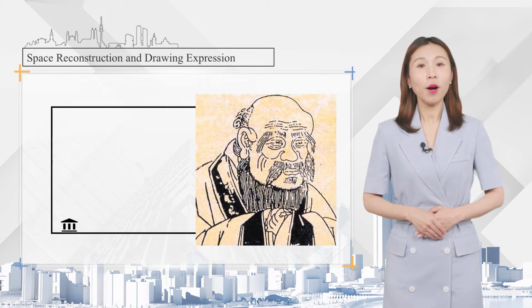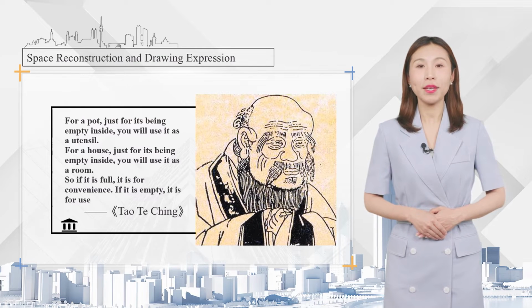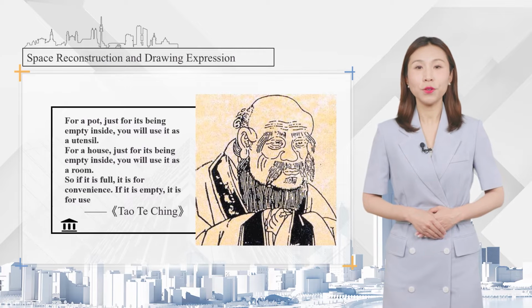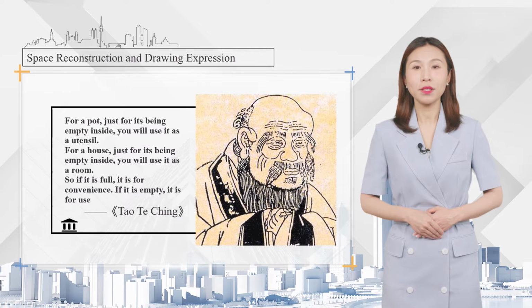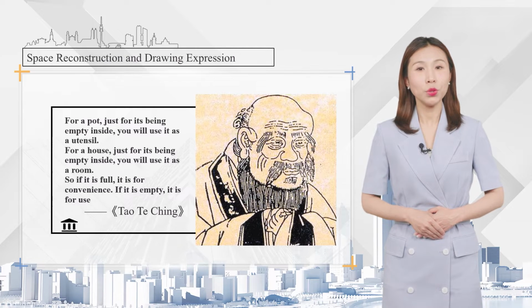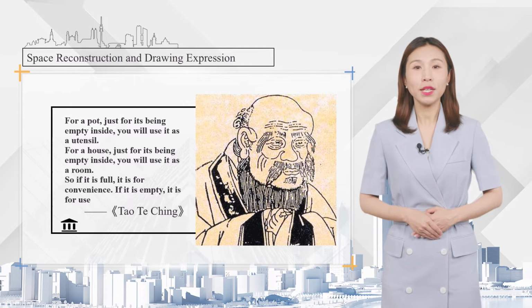Yes, for a pot just for its being empty inside, you will use it as a utensil. For a house just for its being empty inside, you will use it as a room. So if it is full, it is for convenience. If it is empty, it is for use.